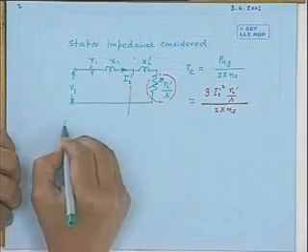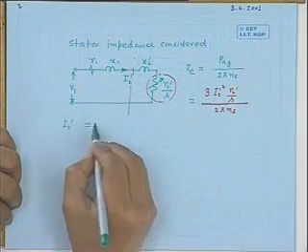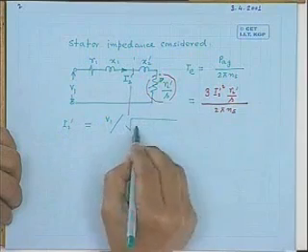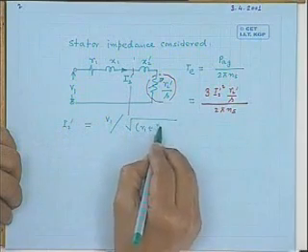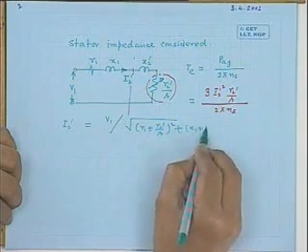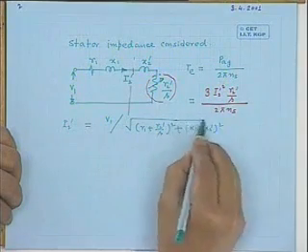Now I2 dashed, obviously the magnitude of this current will be V1 divided by the square root of (R1 plus R2 dashed by S) whole squared plus (x1 plus x2 dashed) whole squared.